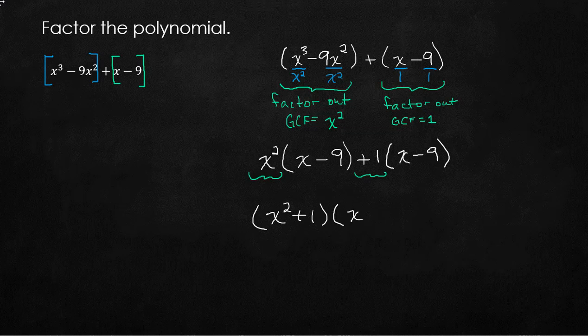And then what you're left with, or whatever you had duplicates of, those will be your second binomial, but you only write them once. And if you were to FOIL this back out, you could check your work to see, does it get us back to the original? And you would get x cubed minus 9x squared plus x minus 9. So it works.